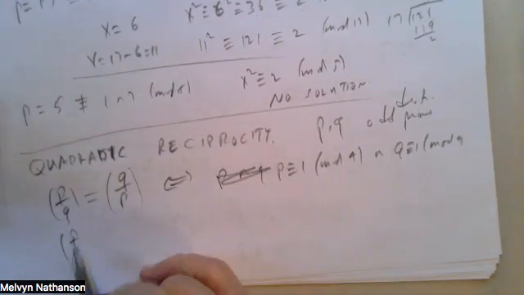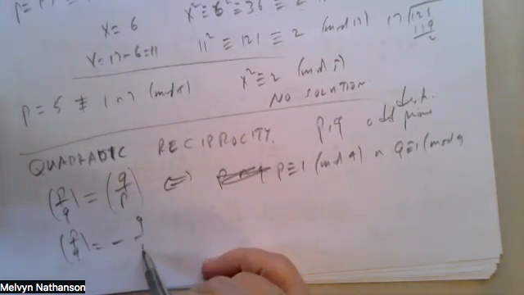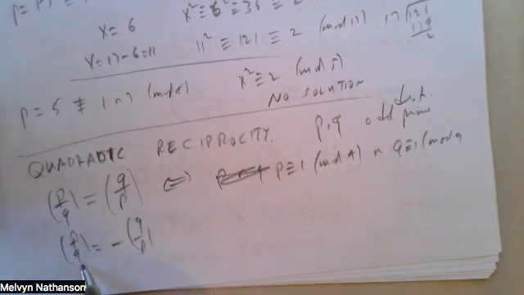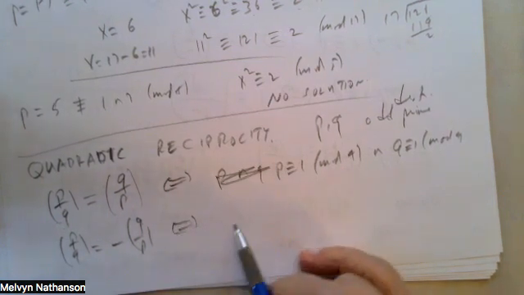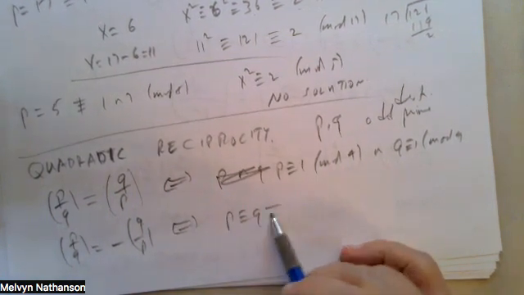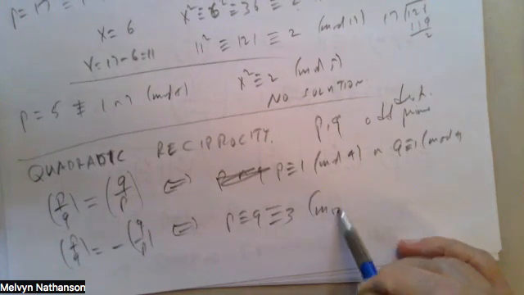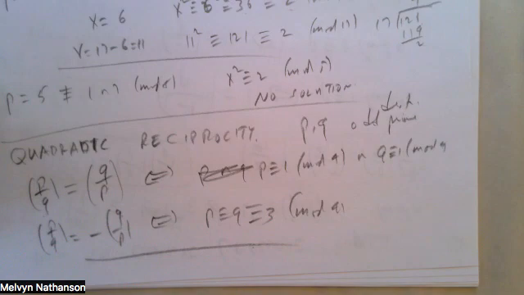Otherwise, P over Q is minus Q over P: P is a quadratic residue mod Q if and only if Q is not a quadratic residue mod P, if and only if P and Q are both congruent to 3 mod 4. So this is a very powerful rule that will allow us to compute Legendre symbols. And we'll see that on Wednesday.